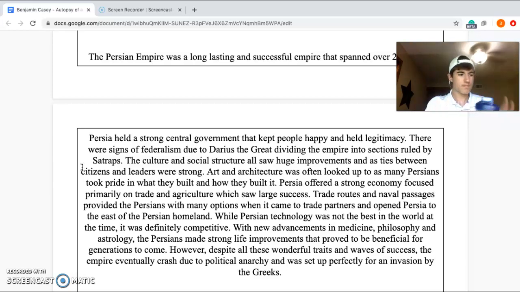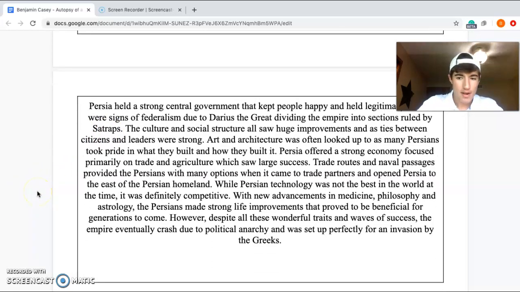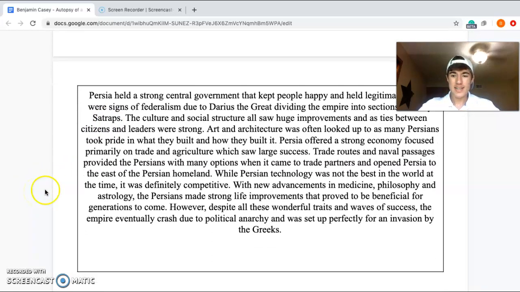And while their technology wasn't prime in their era, they still did have a lot going for them. Like I said before, huge improvements in medicine, philosophy, and astrology. They made life improvements. It was beneficial.